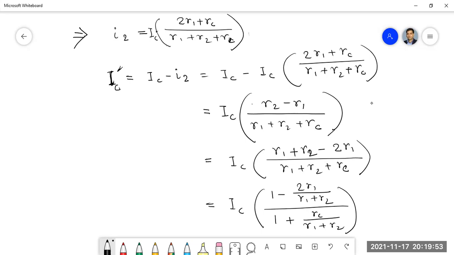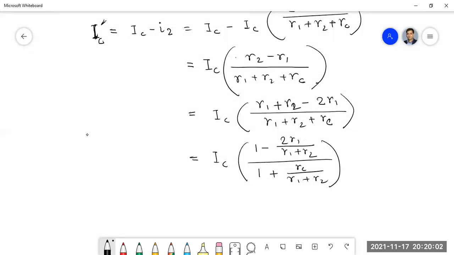Understood? Okay. Now there are three resistances we are considering here: RC, R1 and R2. Can you tell me which among these is less?